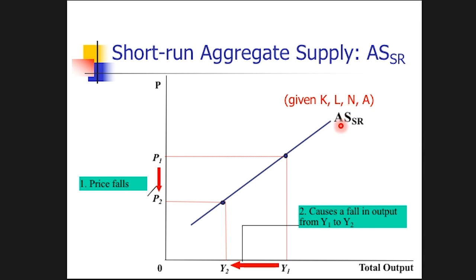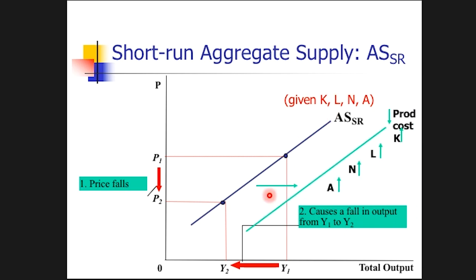This is the aggregate supply given the factors of production in the short run. And if for any reason there is a change in the production factors, there will be a shift of aggregate supply to the right if supply increased, or to the left if aggregate supply reduced.